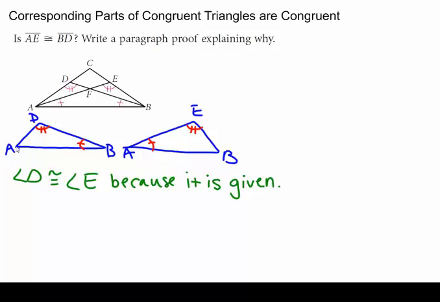You have your statement and then because and then your reason. So it's just another way of looking at a proof. We could make this a two-column proof if we wanted to. All right, then we also know that angle DBA is congruent to angle EAB because it is given.